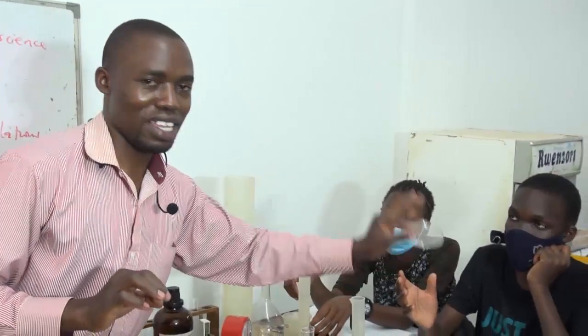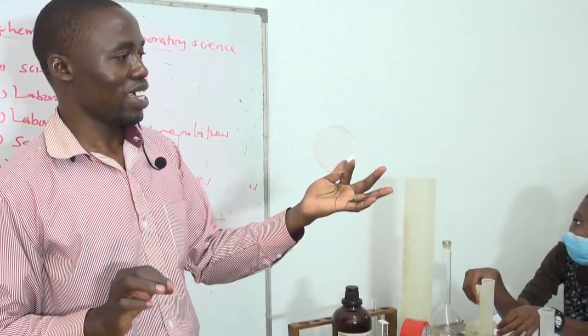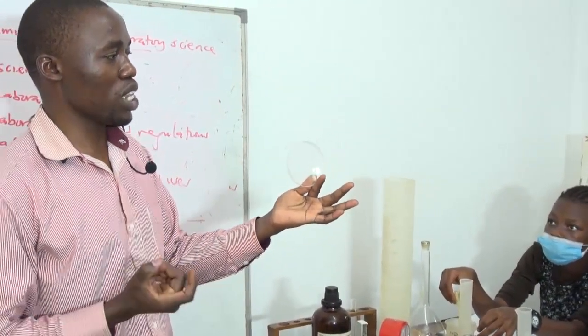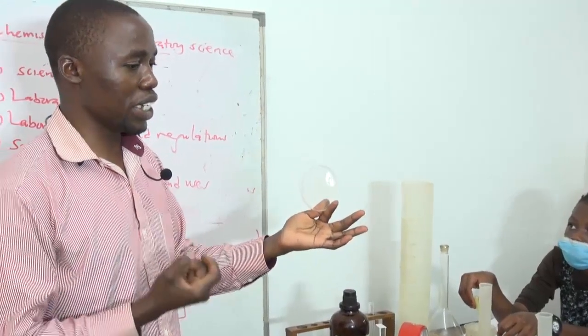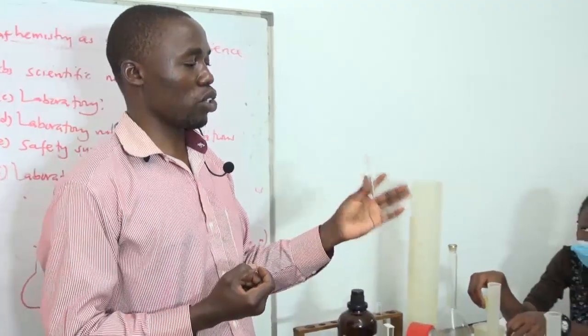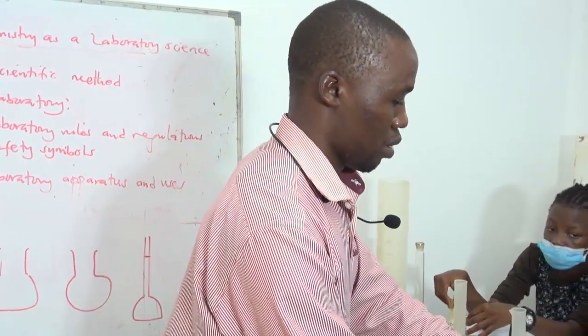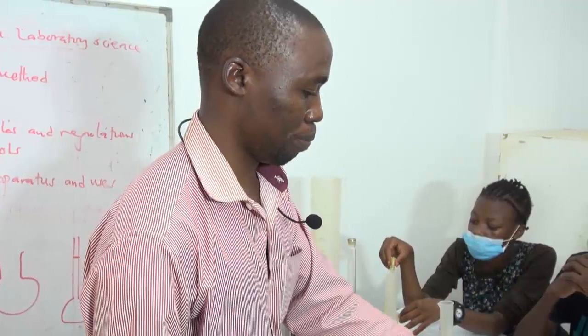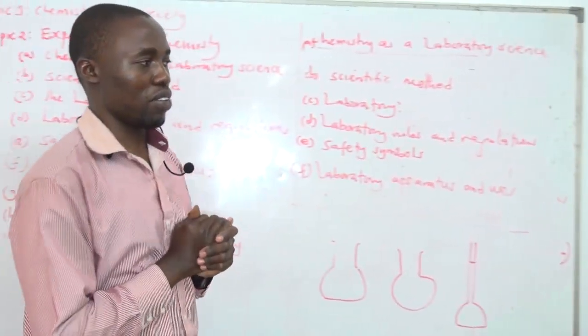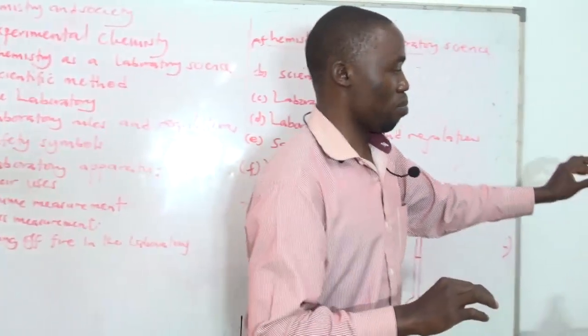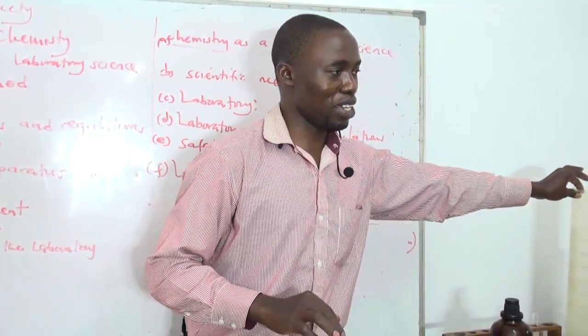This is called a Petri dish. Put in chemical solid substances. That's right. Now turn here very fast. We are going to mention one by one. When I lift, you mention the name and the use.